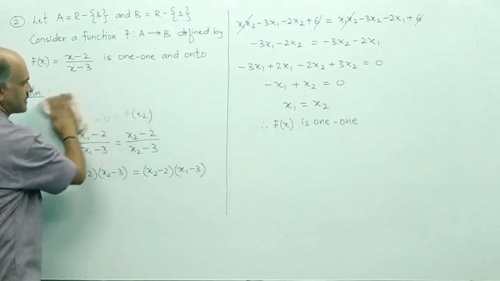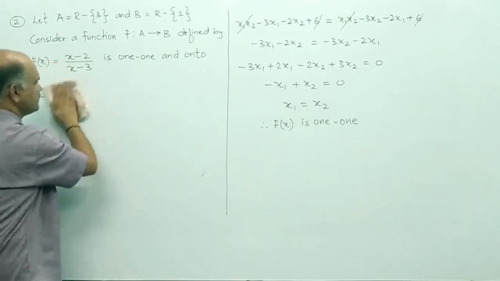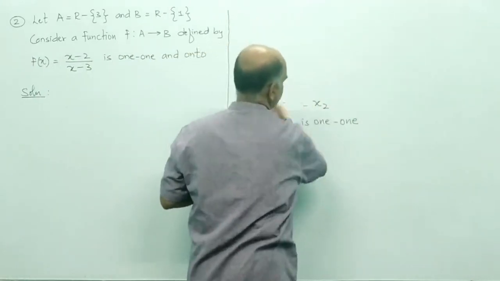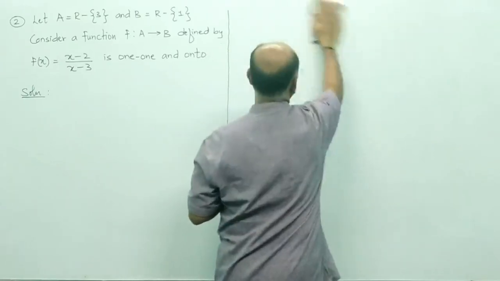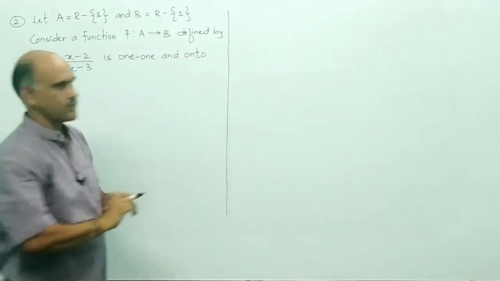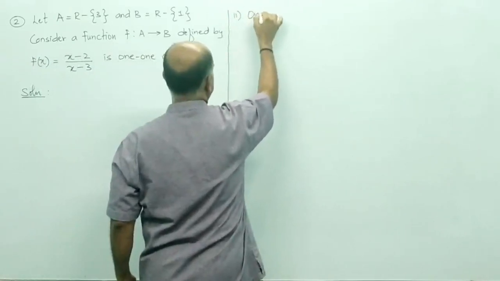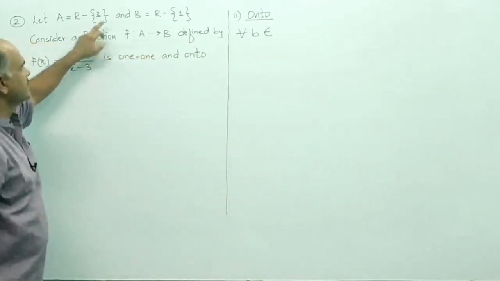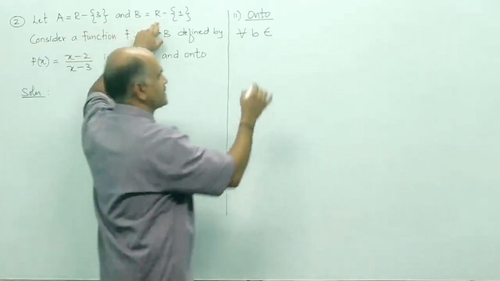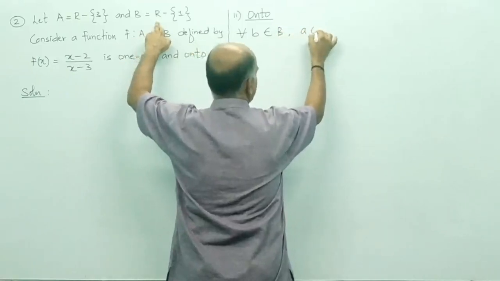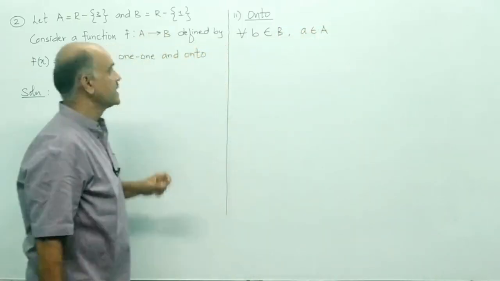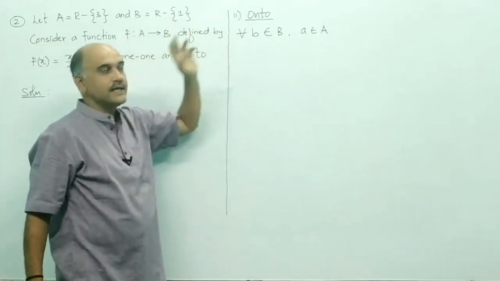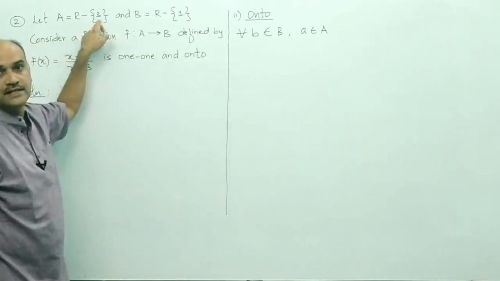Second, I will check onto. So for onto, again, for all values of b, a should belong to A. So if I take onto, for all values of b belonging to the second set, that is R minus 1, you are required to show that a belongs to A. Meaning b belongs to set B, b will never take the value 1, a will never take the value 3.